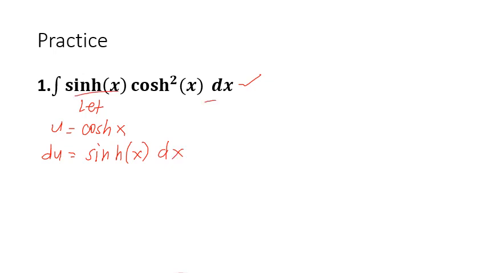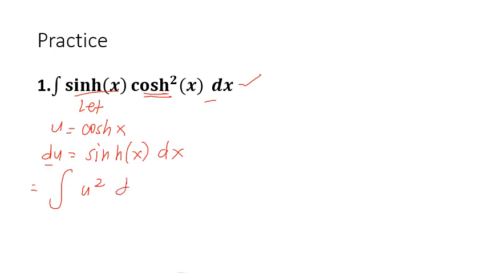So with that, I have sinh x dx. I could substitute it. So this is equal now to integration of cosh squared x, which is equal to my u, so I will have u squared, and sinh x dx is equal to my du.